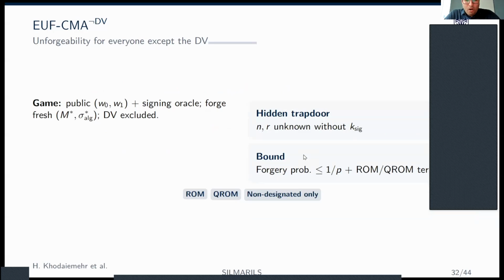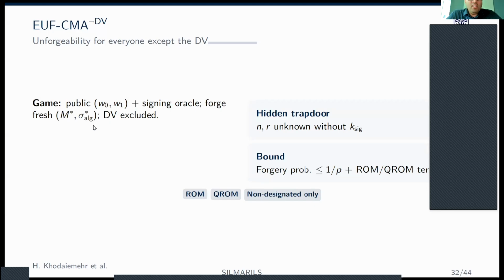That simulation property also tells you why a standard EUF-CMA, or existential unforgeability under chosen message attack, will not work for security analysis of our scheme. Instead, we introduced a new notion called unforgeability for everyone except the DV, and we denote it using this notation. In the game of this notion, public W0 and W1 are given, and we have signing oracle access, and we want to forge a fresh M star and sigma alg star.